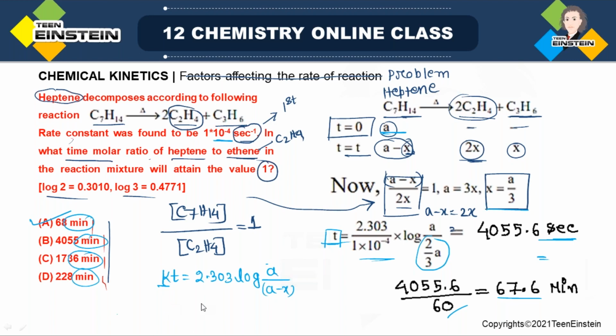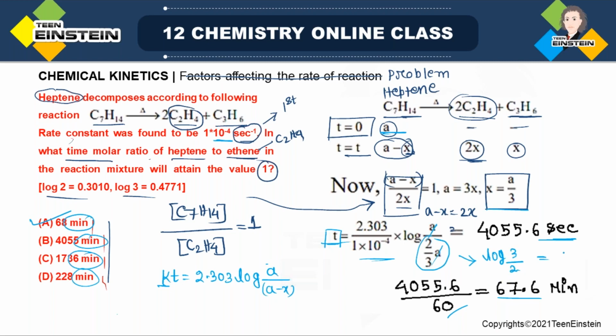Actually, it is the logarithm version of the first order equation: Kt equal to 2.303 log A by A minus X. After putting the value of X, that is 2A by 3, in this log term the A will be cancelled, and ultimately it will be log 3 by 2.